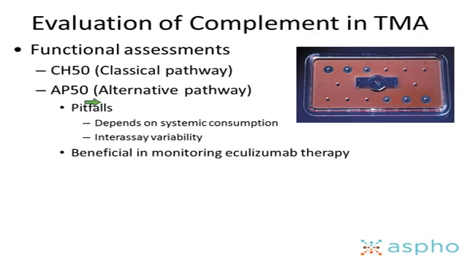Some of the drawbacks of the use of these functional or hemolytic assays is that they're highly dependent on systemic consumption of complement components to be abnormal. And so if the consumption of the complement components is not outstripped by the production, these assays may not be abnormal. There can also be significant variability in these assays depending on how the assays are done.